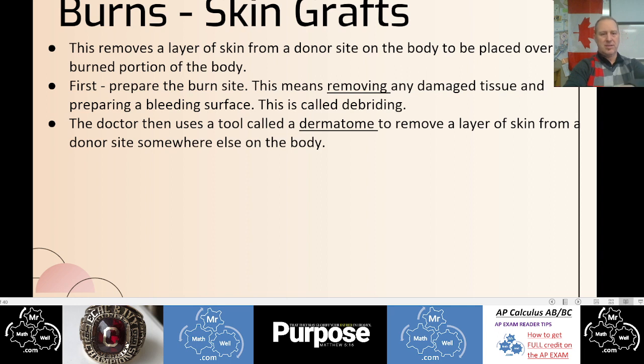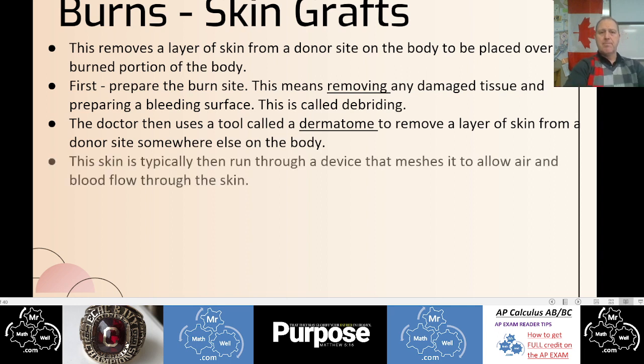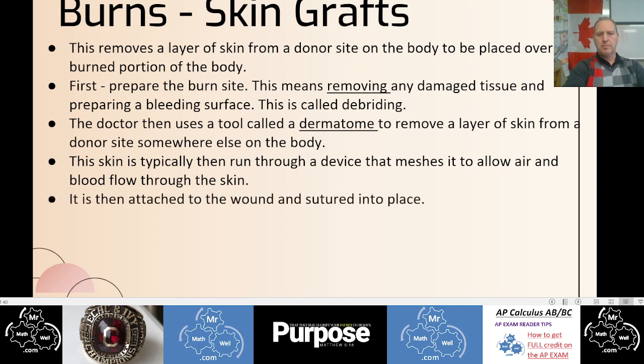So you basically skim off some skin from your leg or from another part of the body. The skin is typically run through a device that meshes it, so basically pokes little holes in it, and the skin is placed over the damaged spot and stuck right on. The meshing allows air to get through and more blood flow, more surface area for the blood to flow and to heal and to start growing new skin cells.